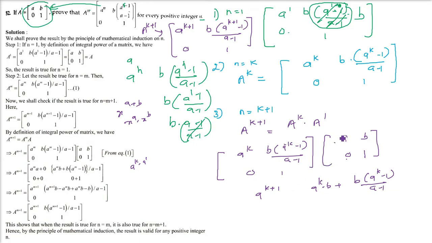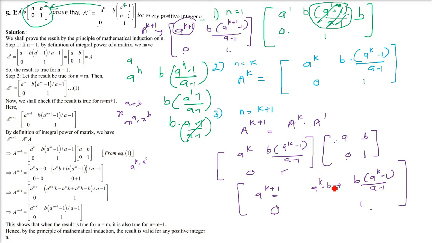Now second row with the first column, 0 into a is 0, and 1 into 0 is 0, and b into 0 is 0 and 1 into 1 is 1. So three things we got: a raised k plus 1, 0, and 1. The thing we need to check is that it should come as b times (a raised k plus 1 minus 1) by a minus 1.